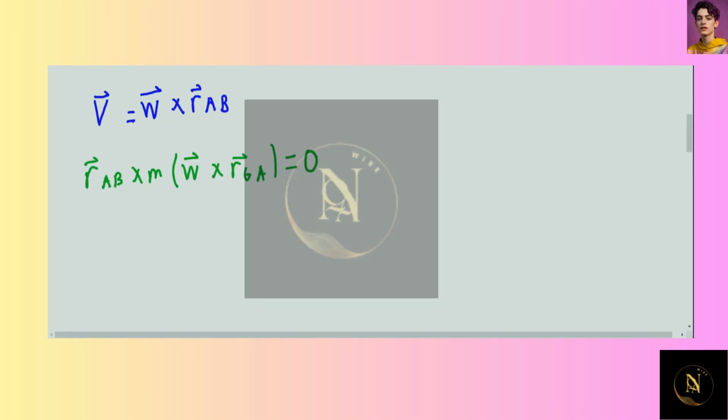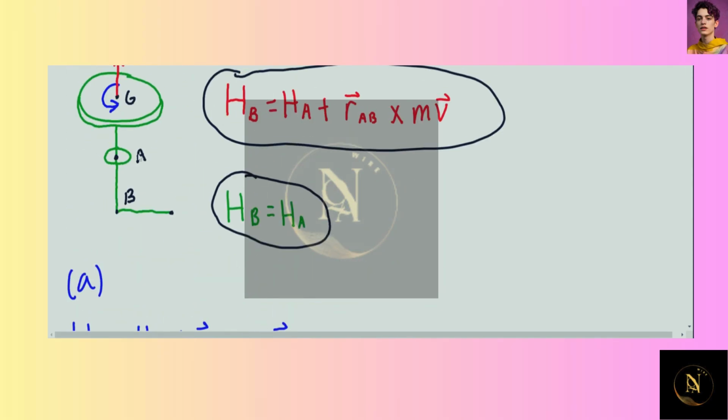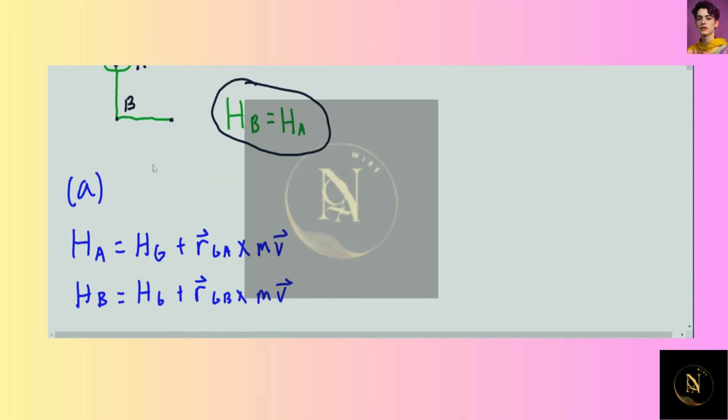And I'm actually going to rewrite this W vector as just omega and the unit vector. So now we can say that this unit vector cross this unit vector cross R of GA is equal to 0, since we know that the points A and B are parallel on the fixed axis.